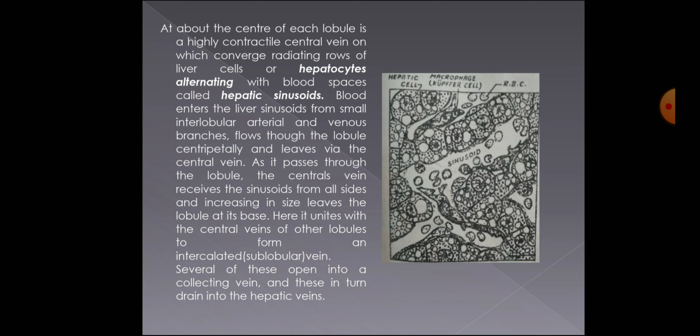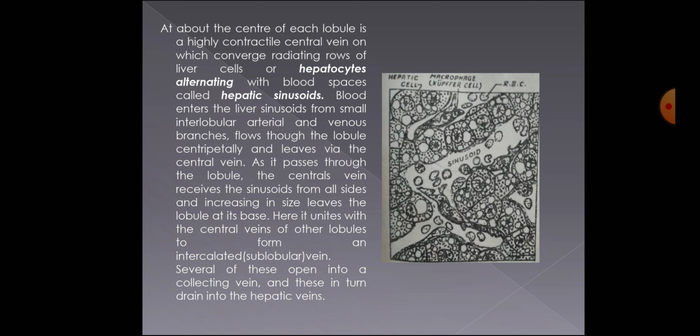Blood enters the liver sinusoids from small interlobular arteries and venous branches, flows through the lobules, and leaves by the central vein. As it passes through the lobule, the central vein receives the sinusoids from all sides and, increasing in size, leaves the lobule at its base.